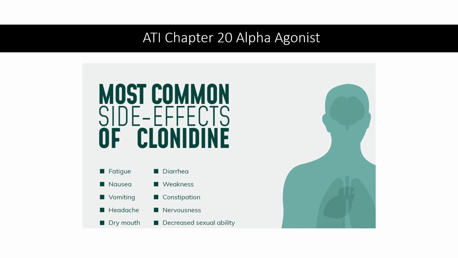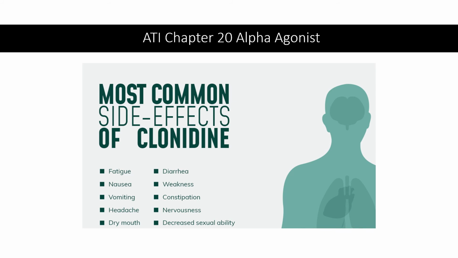Okay, so we're going to talk about a drug that's been around for a long time, over 40 years. It's called clonidine, and it was initially marketed as a blood pressure medication. And now it has a lot of indications, but I'm going to tell you we don't use it very much for blood pressure anymore because of all its side effects.